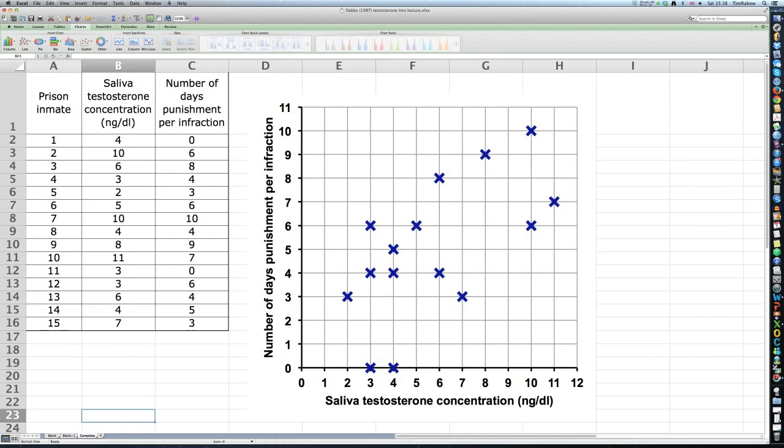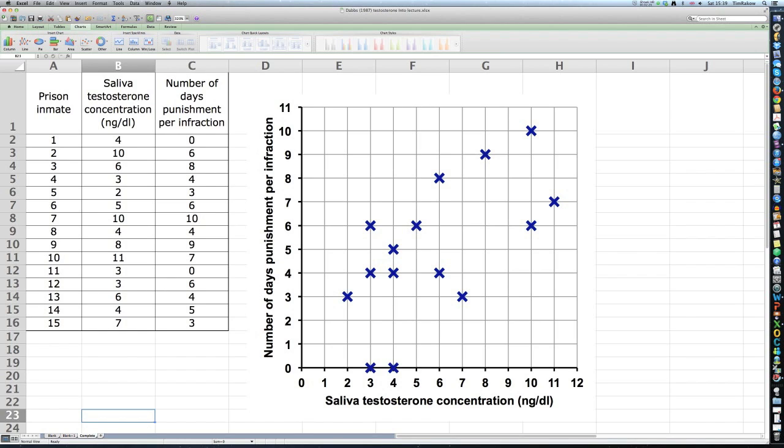Another way that is perhaps not so common, but we can also see here, is we could say that higher than average levels of testosterone concentration tend to go together with higher than average levels for the number of days punishment per infraction. And notice that in all of those ways that I've described this pattern, I've qualified things.